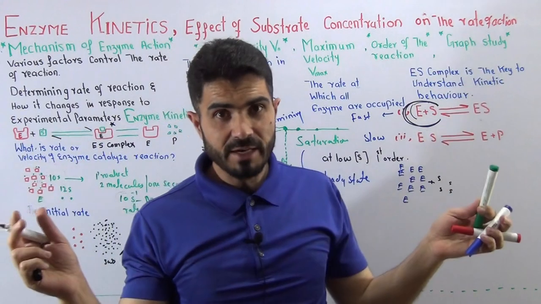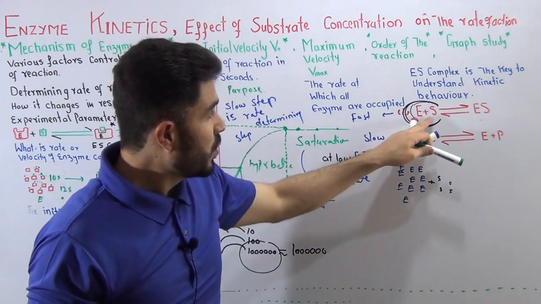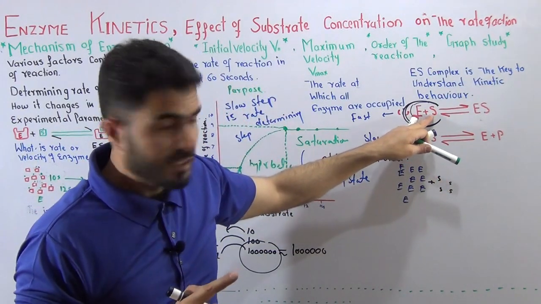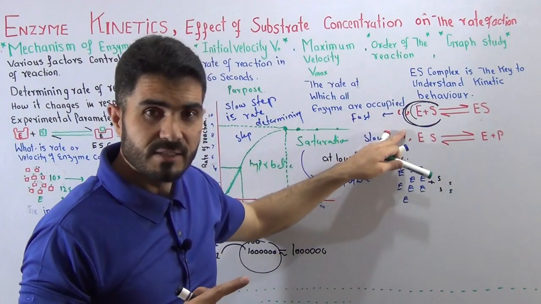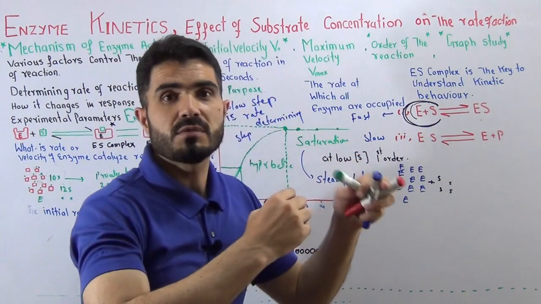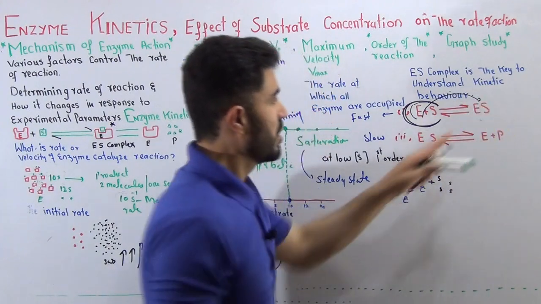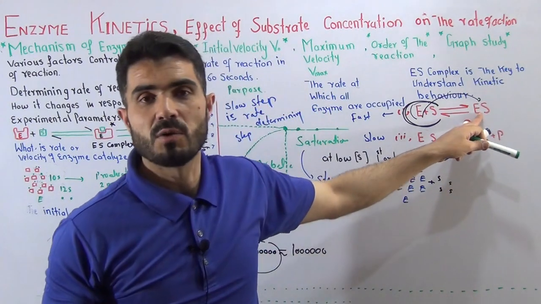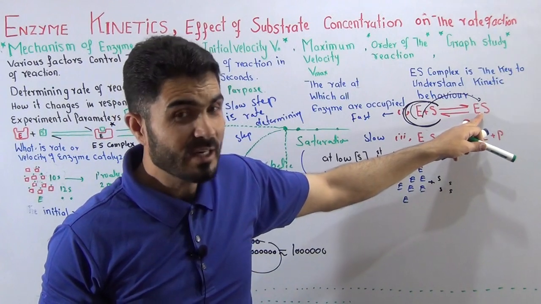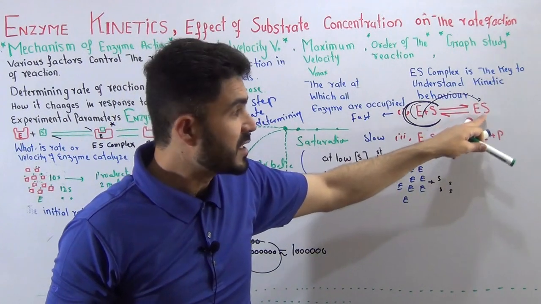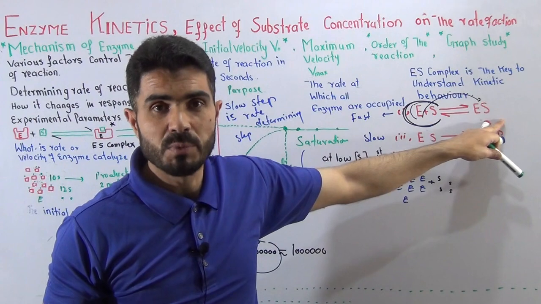This is a natural fact. You are increasing the substrate, so this side is increasing. As a result, your reaction will shift towards the right side, means more enzyme substrate complex will be formed. What happened? More enzyme substrate complex will be formed.